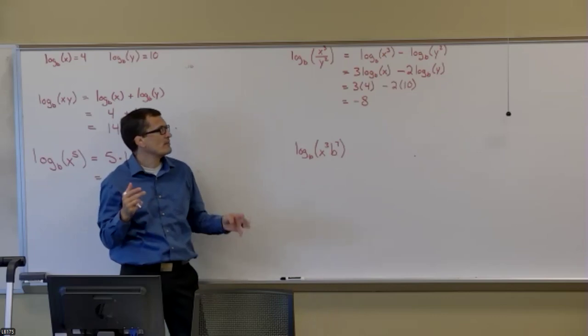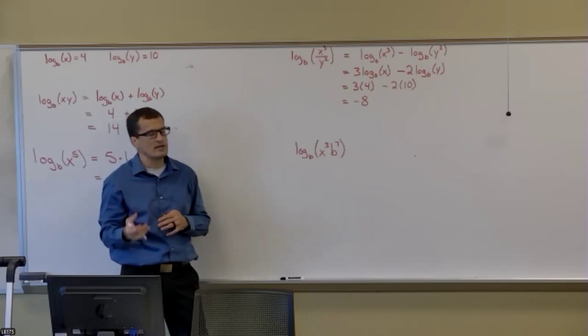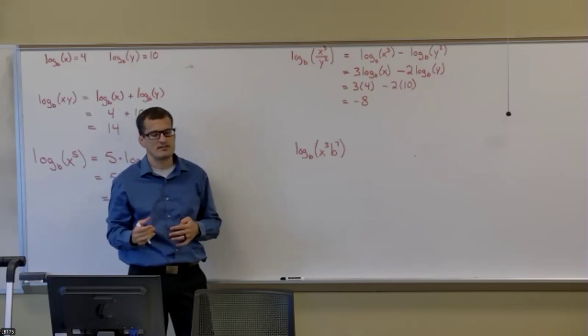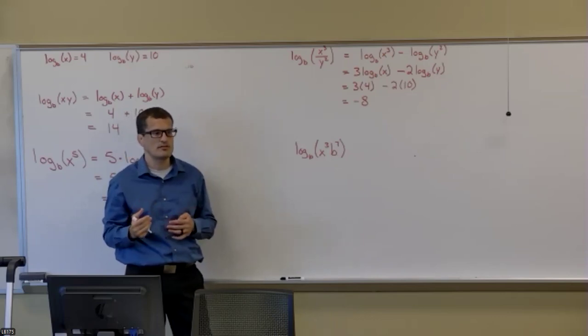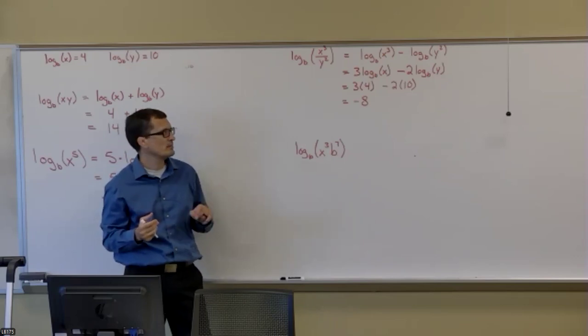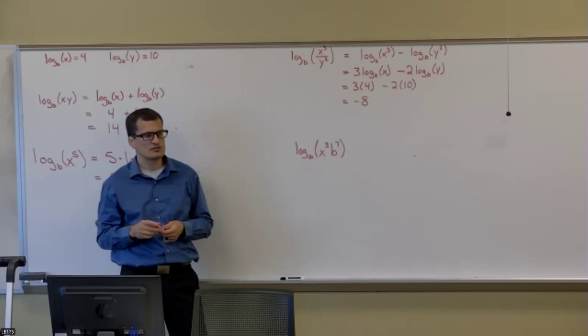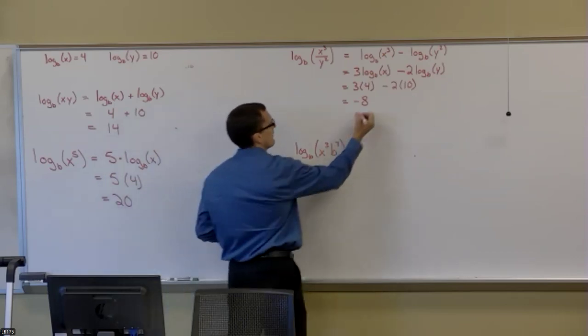Again, I don't know what b is, I don't know what x is, I don't know what y is, but I know what log base b of x is, I know what log base b of y is. So I can rewrite and manipulate and find an expression for that. Okay.